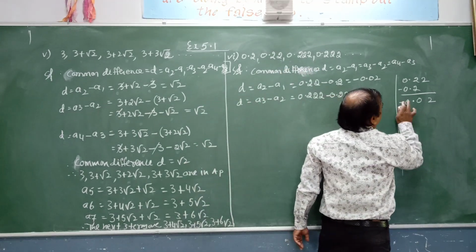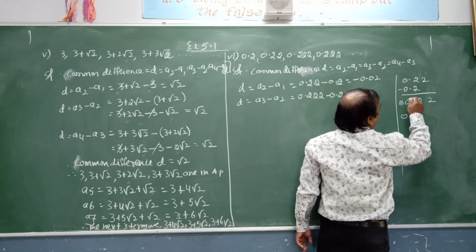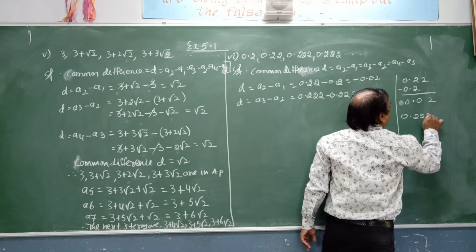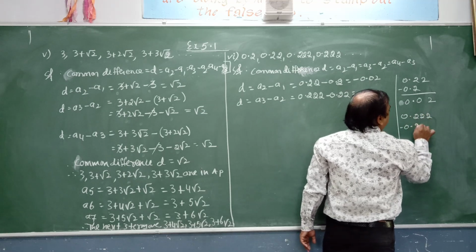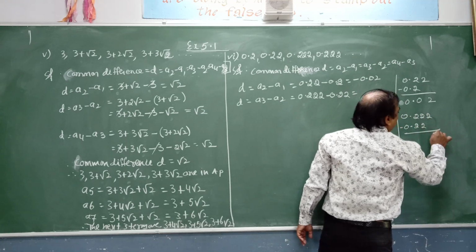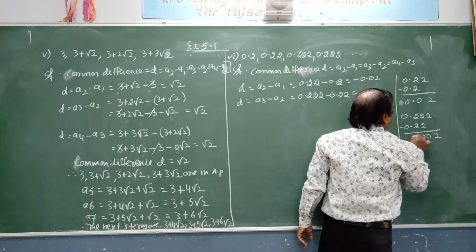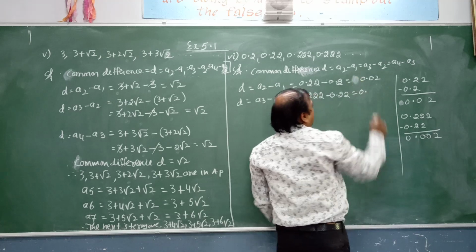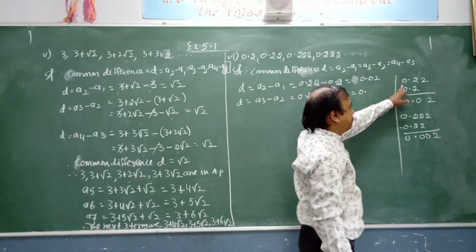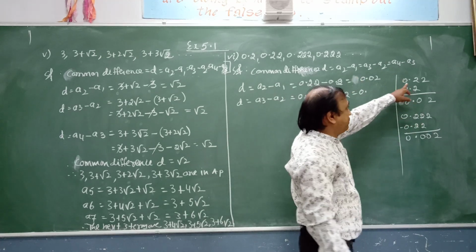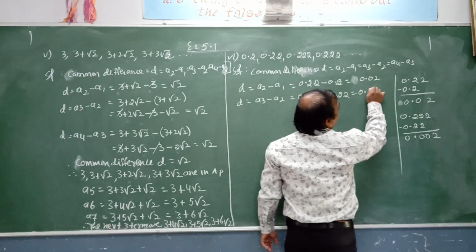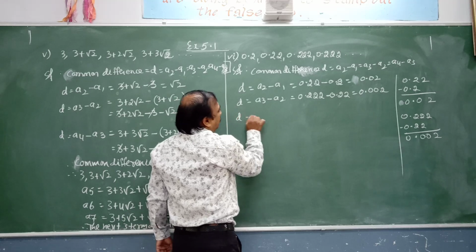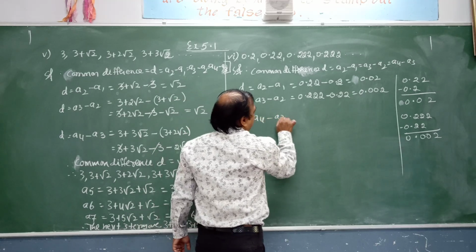There is no minus sign over here; we are subtracting, and this is the bigger number. I'm very sorry. So the answer is 0.002. Next, d is equal to a4 minus a3.